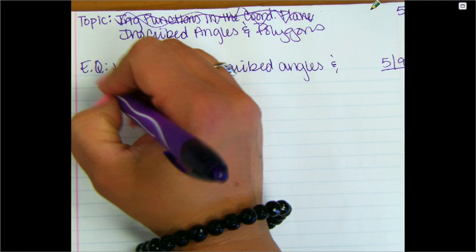Okay, so your intercepted arc is on the inside of the angle. So notice the angle is opening to the inside. We don't look at this part as the angle. It's this part over here. That's the angle. Okay? So get me through 6th period right here.